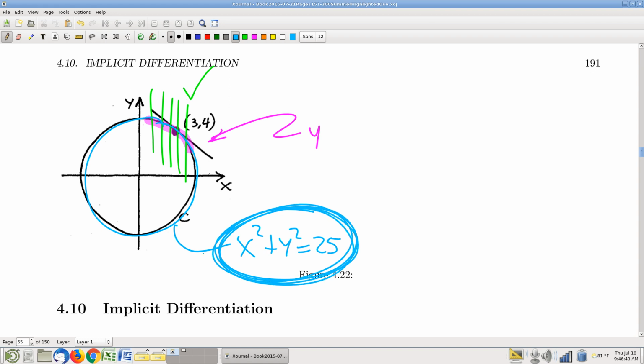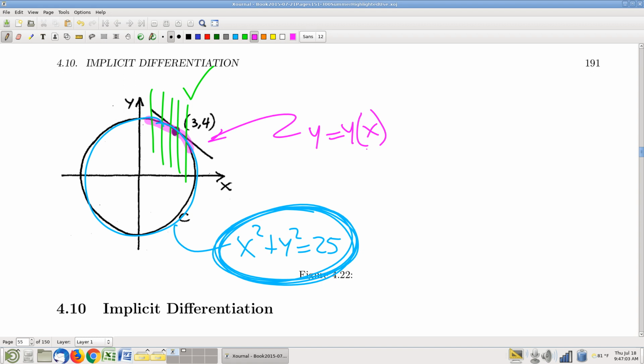Y is an input variable in the original algebra, right? But I'm going to reinterpret, in this context over here, that y is a function of x. Again, that is not suggested by the original algebra at all.